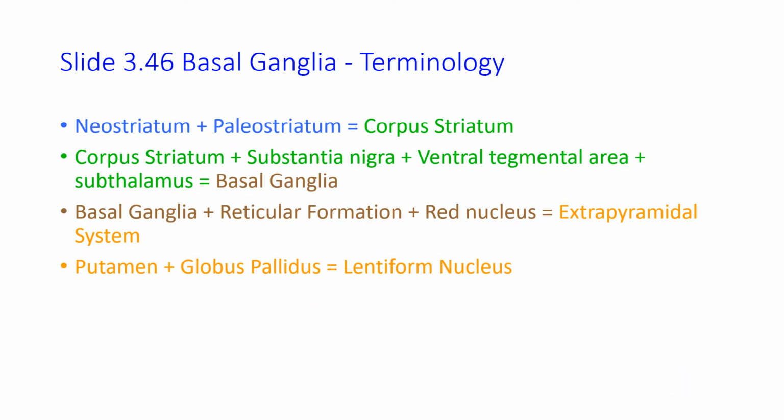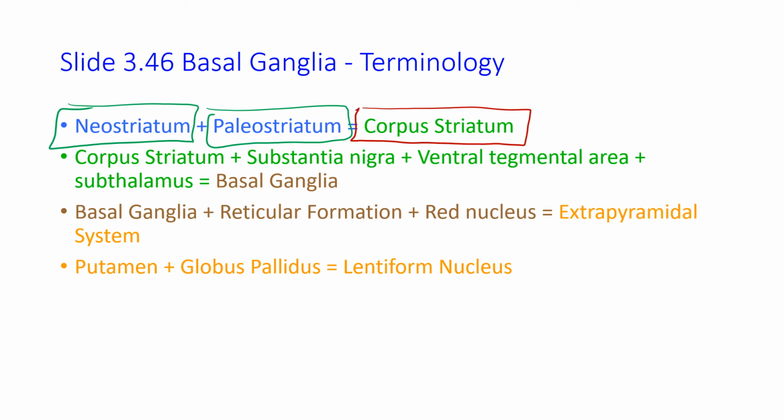So now what we can do to continue this discussion is we can take the neostriatum with all of its structures, we can take the paleostriatum with all of its structures, and we can form a structure called the corpus striatum. And the corpus striatum, you may remember, was an area that Parkinson said belonged to the basal ganglia.